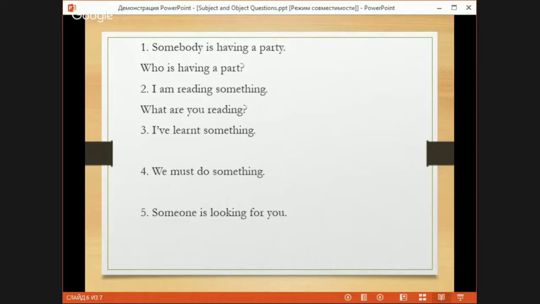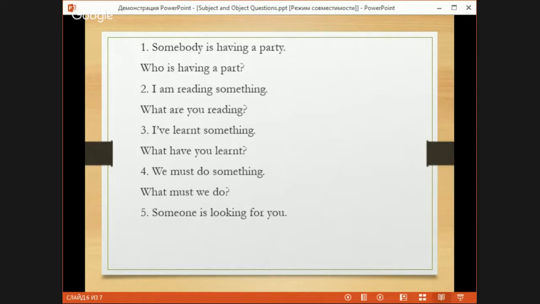I have learned something. Something is the object of the question. So we ask, what have you learned? We must do something. Something is the object of the question. What must we do?